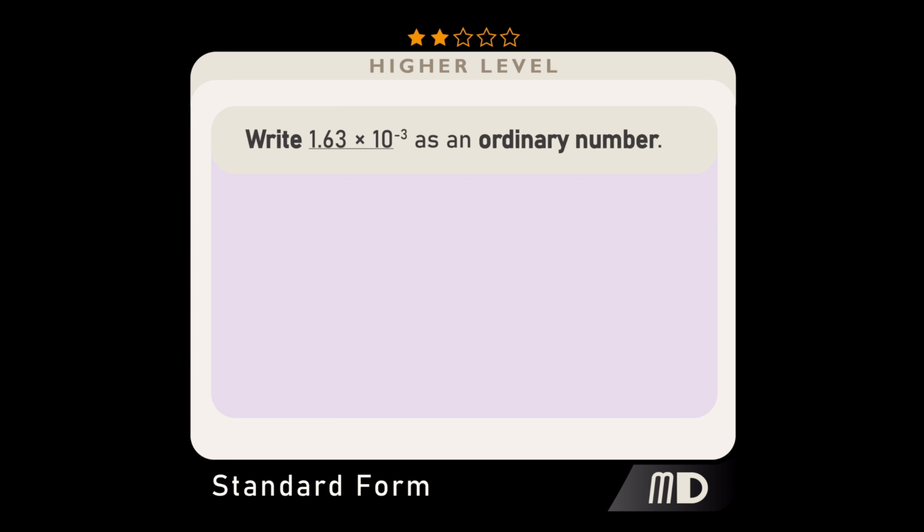Starting with 1.63, moving the digits 1 place to the right gives us 0.163.